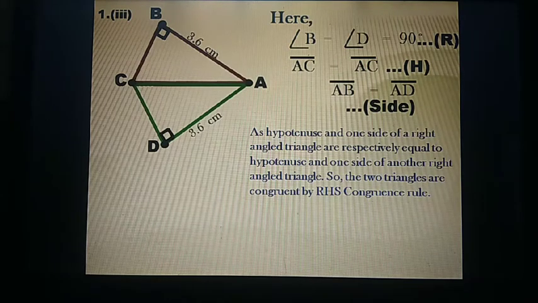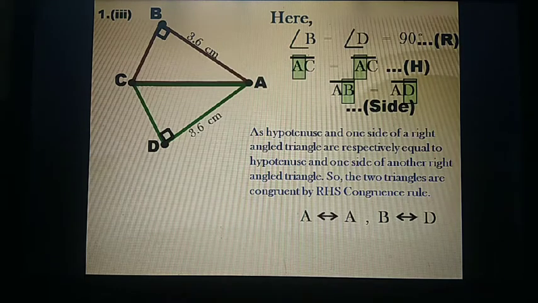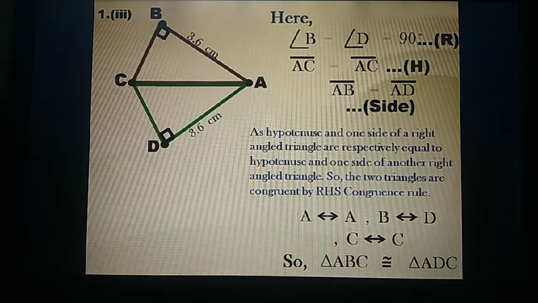Relating the vertices. First, we will relate A. As B is related to D, A is corresponding to A here. Then B corresponds to D. Now, from the H pair, if A is related to A, then C is related to C. So in symbolic form, you will write ABC congruent to ADC.